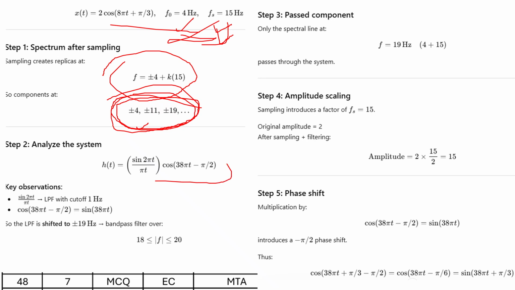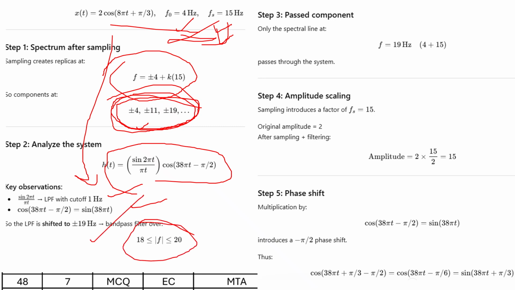h(t) is the filter that we are using. This is the sinc function, like a low pass filter with a cutoff of 1 hertz, and your message signal is this sine of 35. You can convert it into a cosine sinusoidal signal, and then it will be shifted to plus or minus, right? It lies in this range. Since we are using this filter, the frequency must lie in this range.